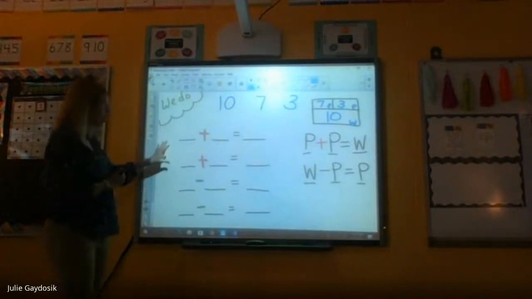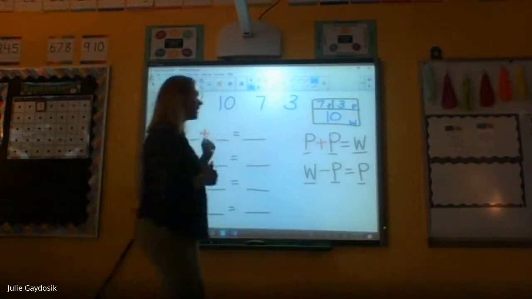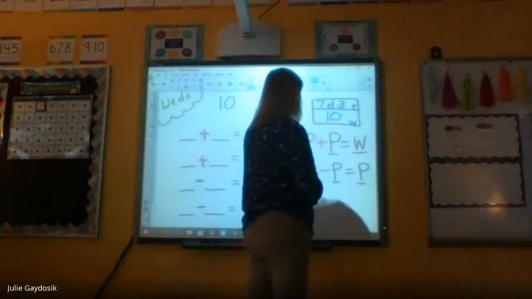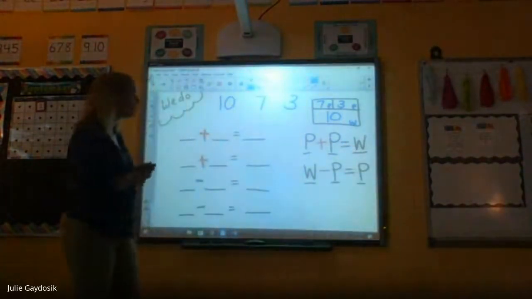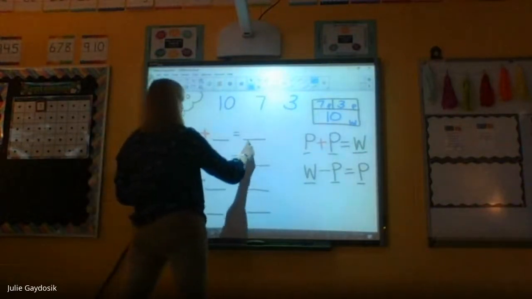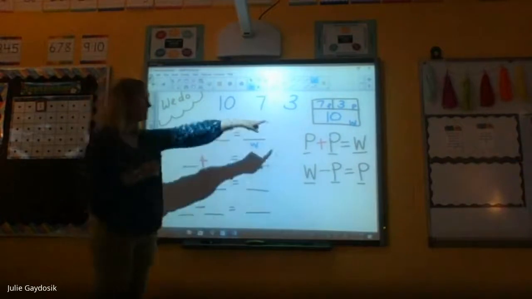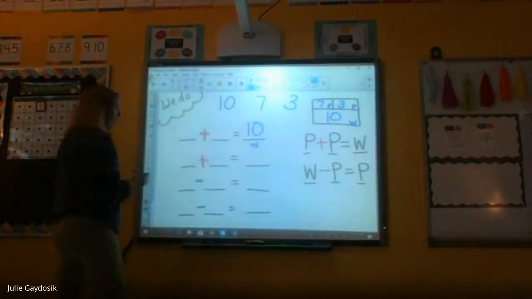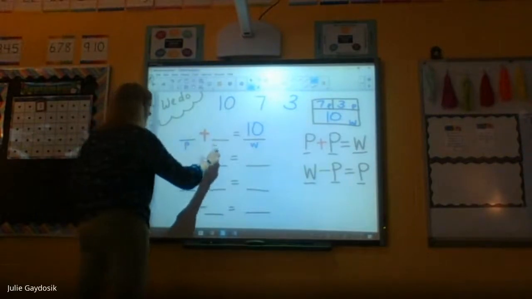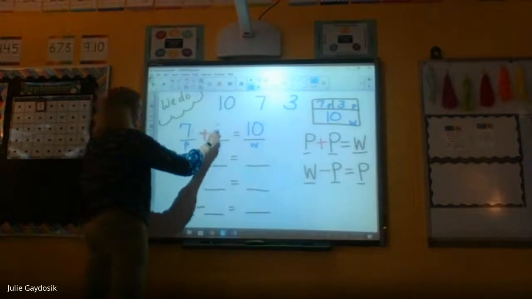So when we look at our addition, just looking at addition for right now, if I was looking at my part plus part equals whole equation, where is my whole number going to go? I want to know where the whole is going to go. That's right, it's 10. So 10 is going to go here, okay? And then these two are my parts. So I'm going to take 7 plus 3 equals 10.